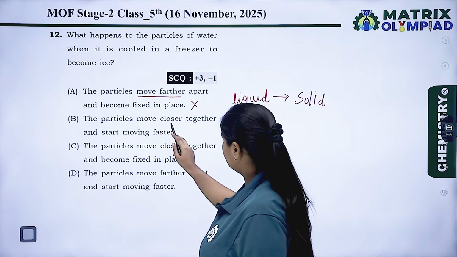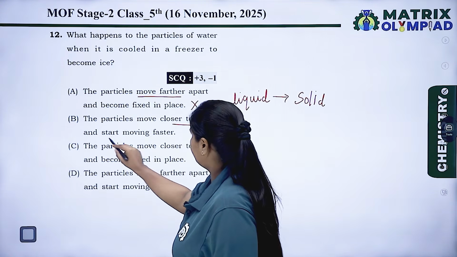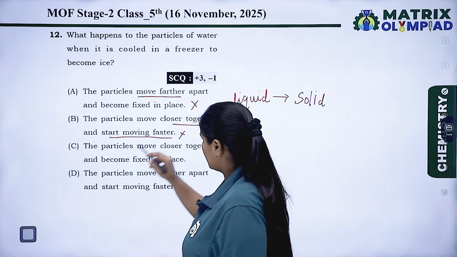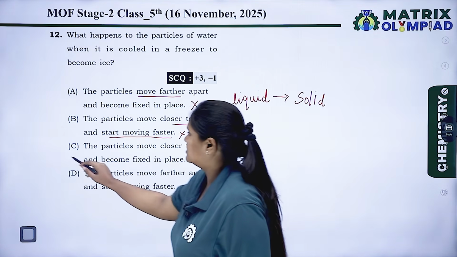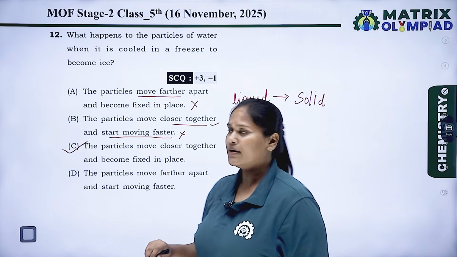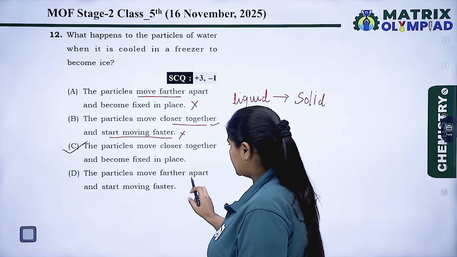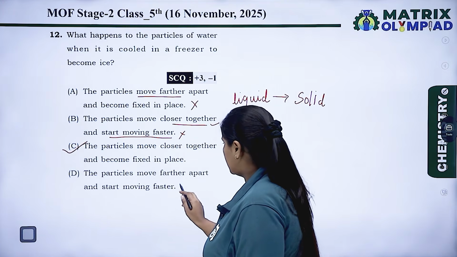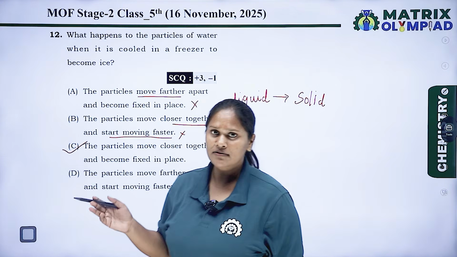The particles move closer together, right? And start moving fast? No. The particles move closer together and become fixed in place. This is the correct statement for liquid to solid. The particles move further apart and start moving faster? No. So option C is the correct answer for this question.